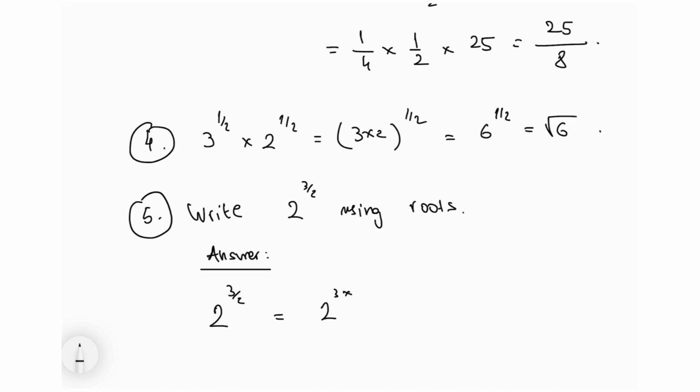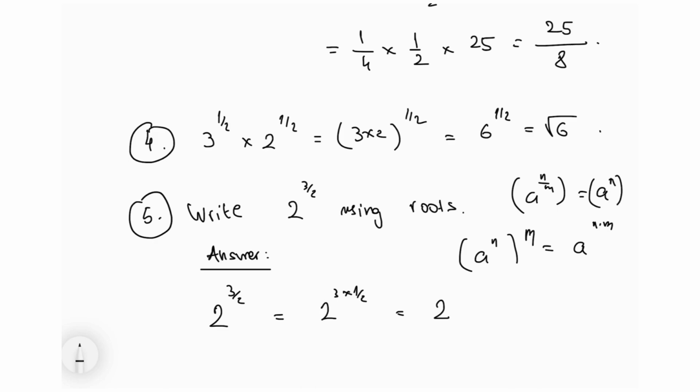Using the rule a to the power n times m is a to the power n times m, and a to the power n over m is basically a to the power n times 1 over m, this is 1 half, and that is the square root of 2 to the power 3. You can also write square root 8.